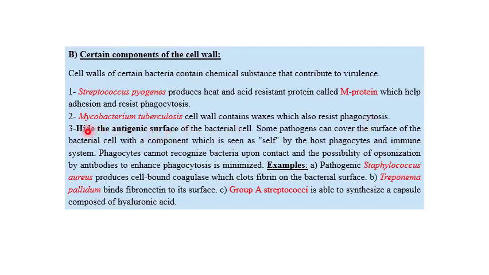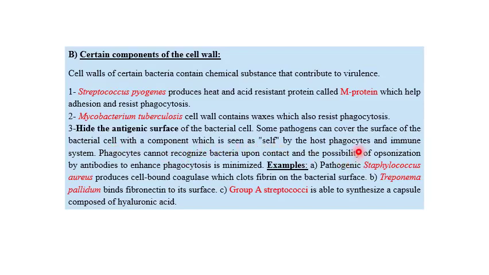Something very interesting, number 3, hiding the antigenic surface. This is something very interesting and very intelligent of the bacteria to do. بيعمل هنا البكتيريا بتعمل ايه؟ The bacterial cell covers its surface with a component which is seen as self by the host phagocyte and the immune system.